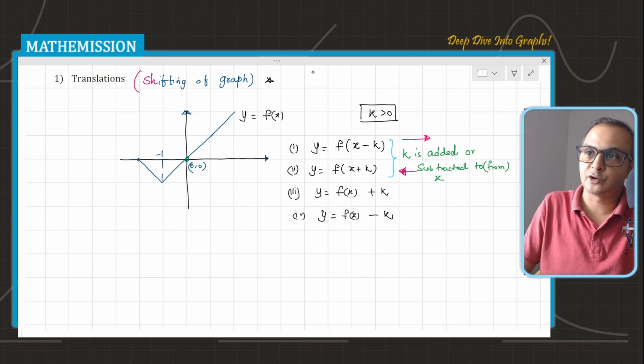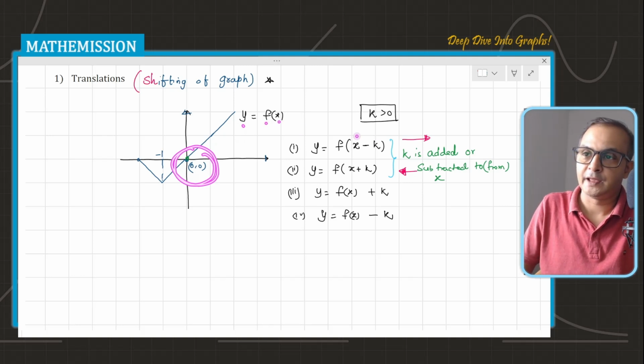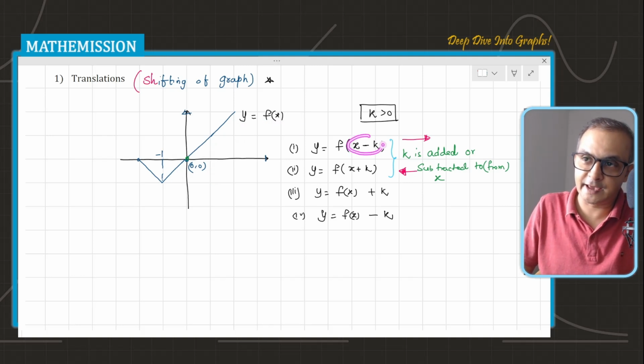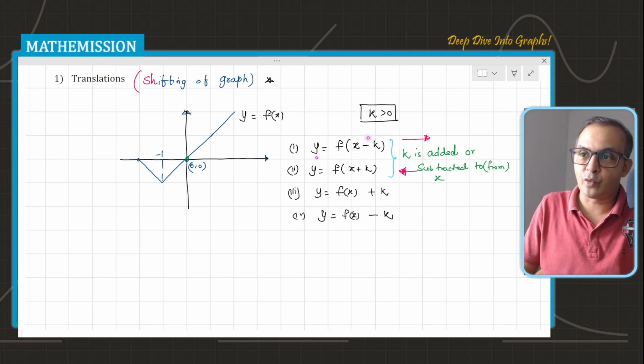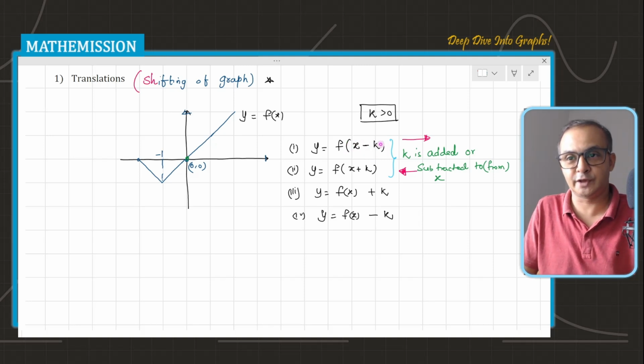So you notice that the original function here was giving the value of y 0 at x equals to 0. It means that this x minus k must be 0 to get again this y 0. And where will this x minus k become 0? When I substitute x equals to k.